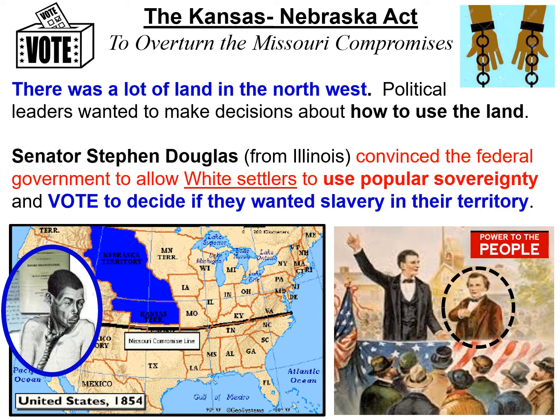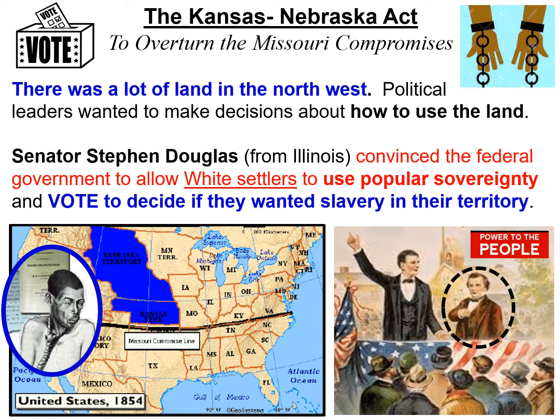And he convinced the government to just let white settlers vote to see if they wanted slavery in their territory or not. Well, the government listened to Stephen Douglas and the demands that a lot of the people wanted to decide for themselves and not let the government just decide for them.